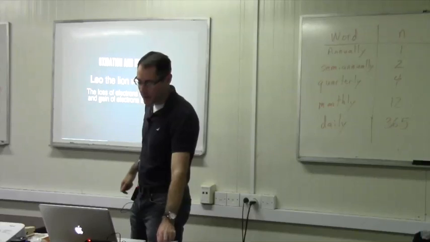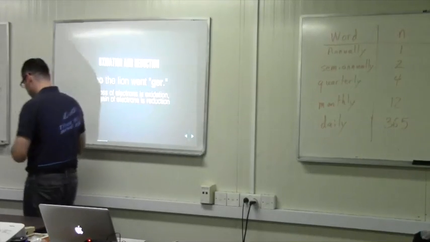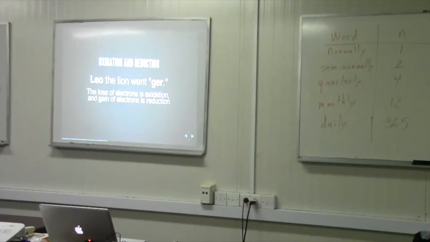For oxidation and reduction, we have this fun little phrase: Leo the lion, L-E-O, Leo the lion went Ger, G-E-R. I don't know why it's G-E-R. Well, I do know why. This stands for losing electrons is oxidation, gaining electrons is reduction.